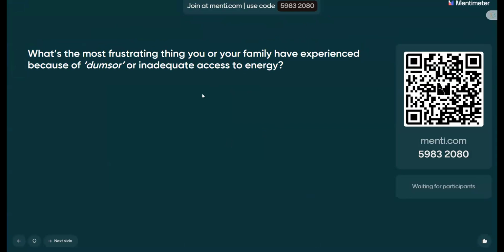So the question is, what's the most frustrating thing you or your family have experienced because of "dumsor" or inadequate access to energy? Dumsor is just a colloquial name I'm putting there.